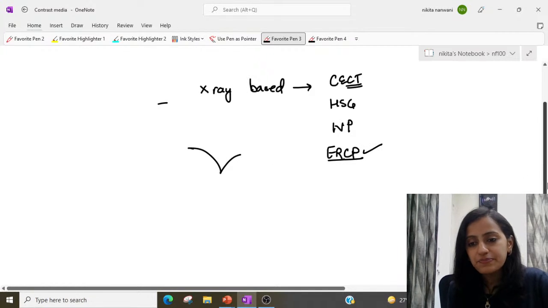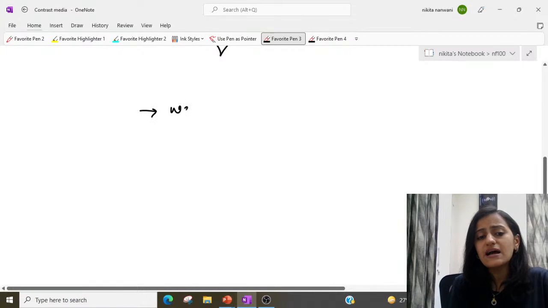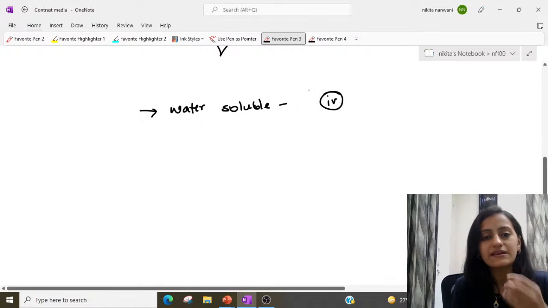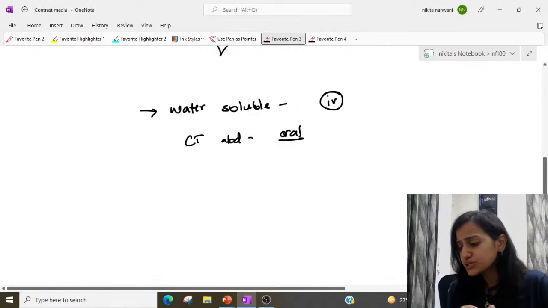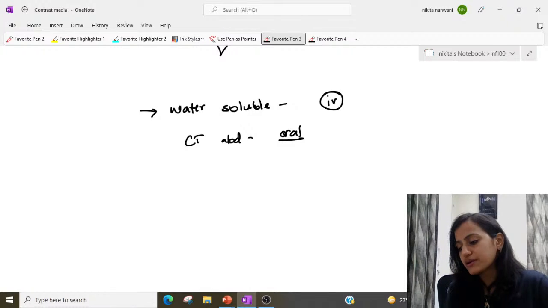So wherever there is X-rays, iodinated contrast is used. These are water soluble contrast media, so they can be given IV as well, right? They are given IV. During CT abdomen, they are given orally as well, okay? To distend the bowel with the white contrast, we give the oral iodinated contrast.